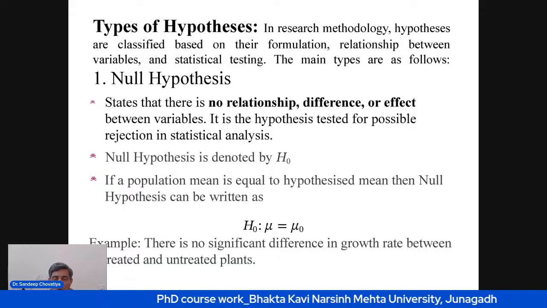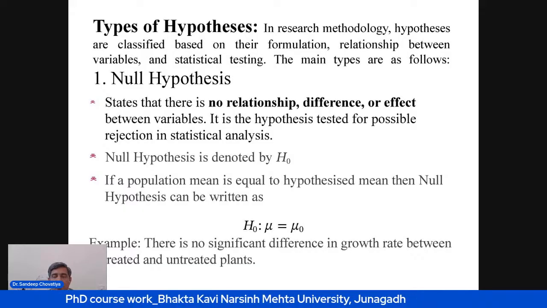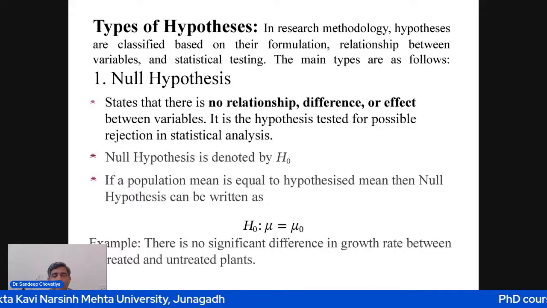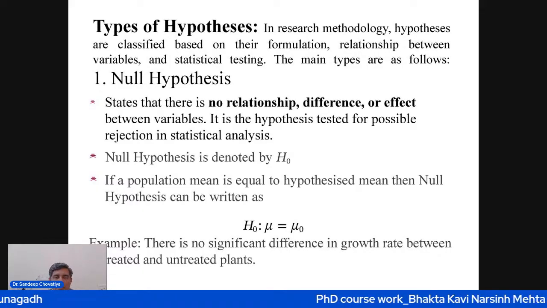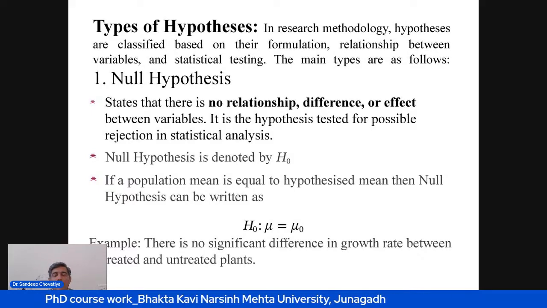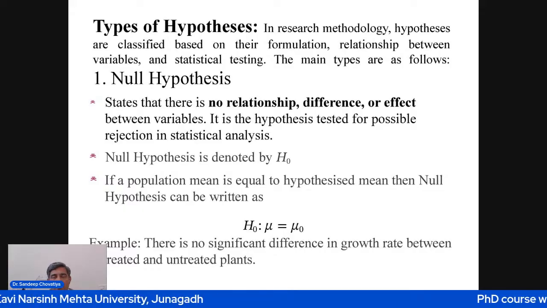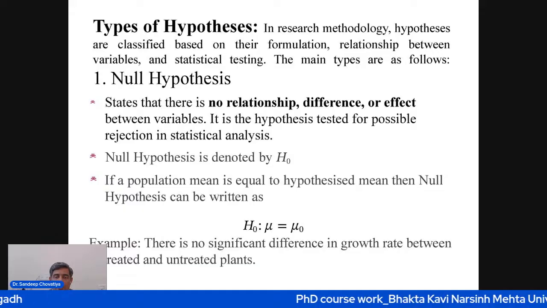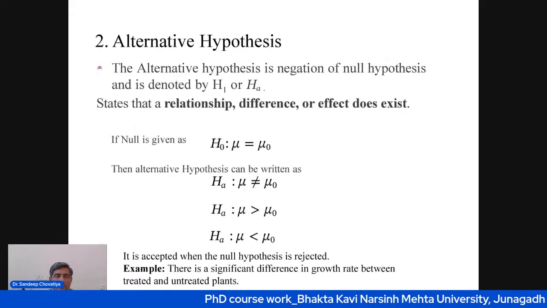It means no significant difference in the growth rate between the treated and untreated plant. Simply we deny the relationship between any kind of treatment, in the sense of whether it is effective or not. So this is number one, the null hypothesis.